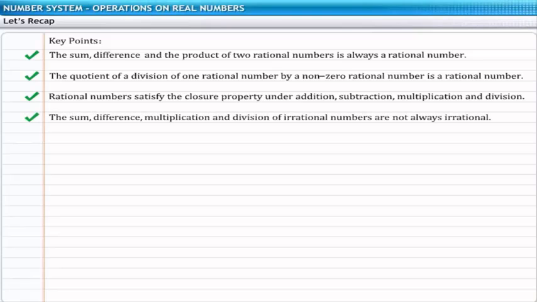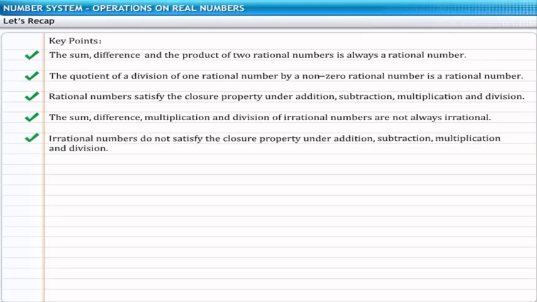The sum, difference, multiplication, and division of irrational numbers are not always irrational. Irrational numbers do not satisfy the closure property under addition, subtraction, multiplication, and division.